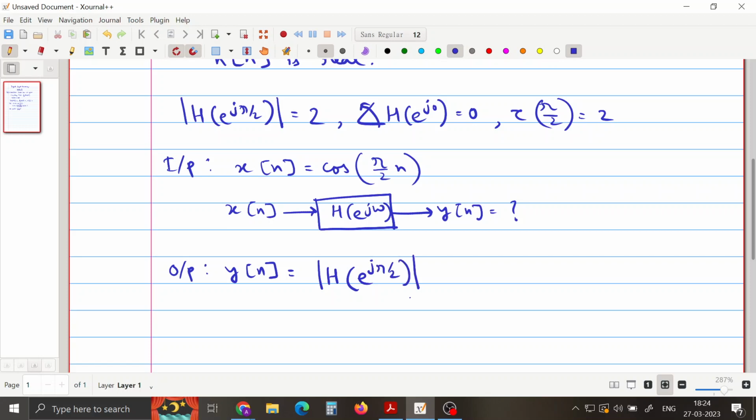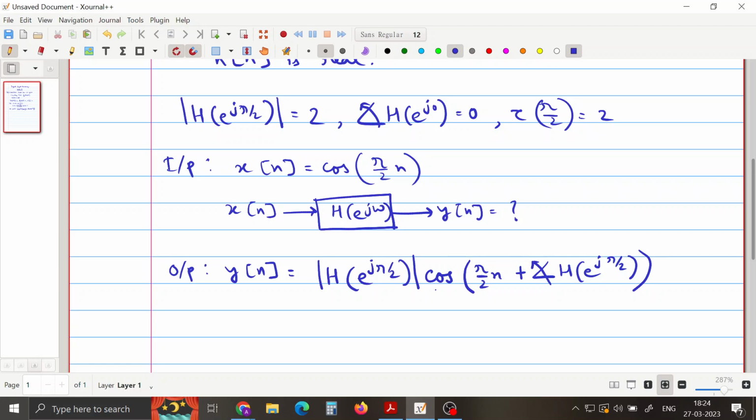This is the amplitude scaling factor, and the signal will remain the same, which is cos pi by 2 n, and as I also said, it will also undergo a phase shift, and that amount of phase shift is the phase at the input frequency, which is pi by 2. This is the output, and you can stop me or ask me any doubts at any point.